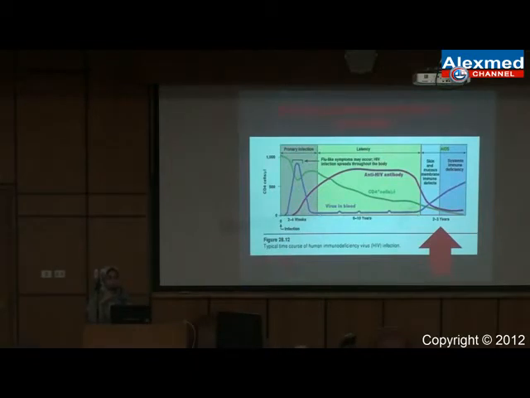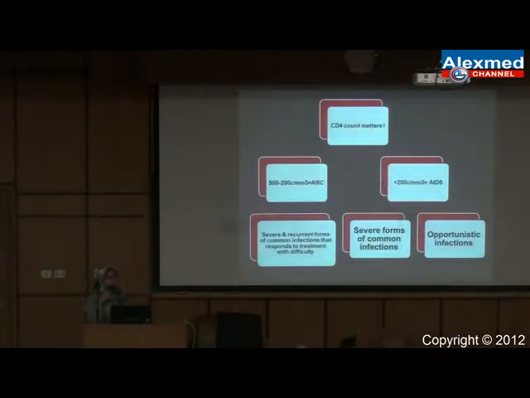The first one is the AIDS-related complex, in which the CD4 count is from 500 to 200 cells per mm³, and the other stage is the AIDS stage, in which the CD4 cells are below 200 cells per mm³.